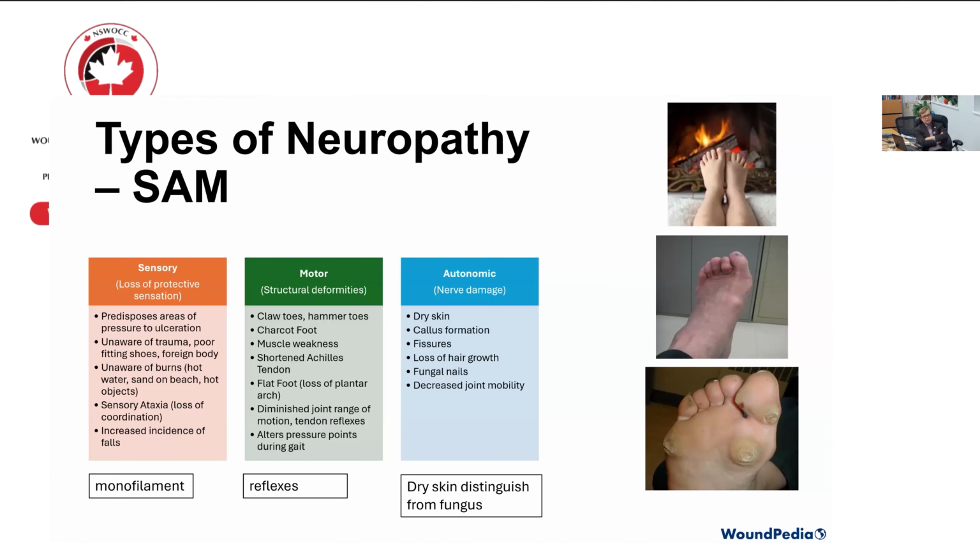Autonomic or nerve damage cause dry skin, and you need to distinguish this from fungus, which can also cause dry skin. The fungus tends to roll around the sides of the foot in a distribution that a moccasin might cover when you put a moccasin on. And so you look for the 3 components: sensory, autonomic, and motor. Remember the mnemonic SAM. Next slide.